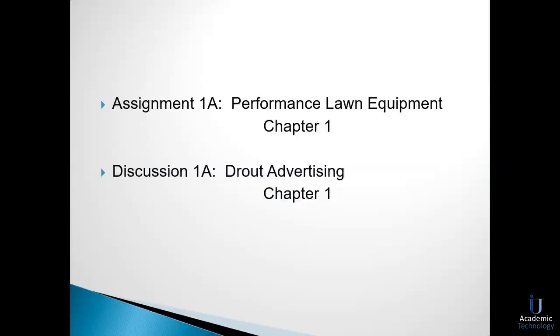Okay, so lastly, let's talk about the assignments associated with Chapter 1. So we have Assignment 1A, which is Performance Lawn Equipment, and Discussion 1A, which is Drought Advertising. In both of these, they give you a file of business data and ask you to perform some analysis on that data.